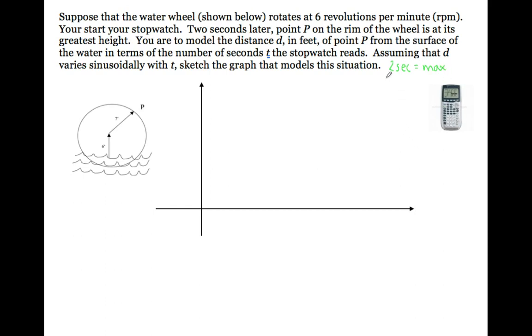But it does 6 revolutions in 60 seconds. So how long does it take to do 1 revolution? 1 revolution is going to be 10 seconds. If it gets to its max at 2 seconds, when's its next max going to happen? 2 plus 10. At 12 seconds, it's also going to have a maximum.